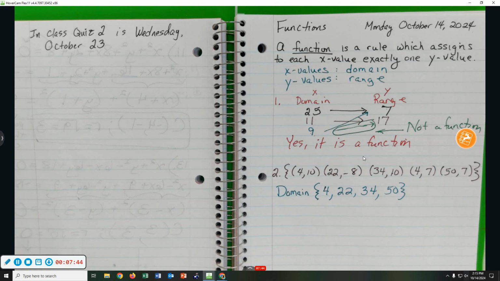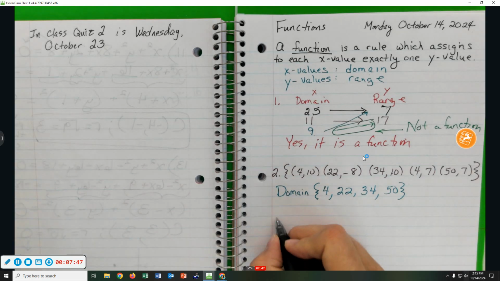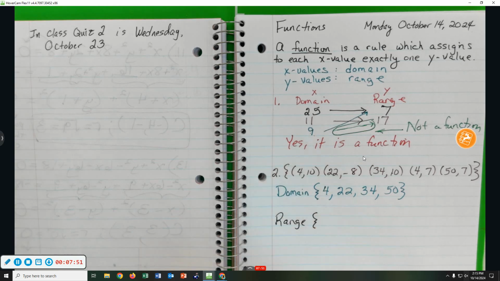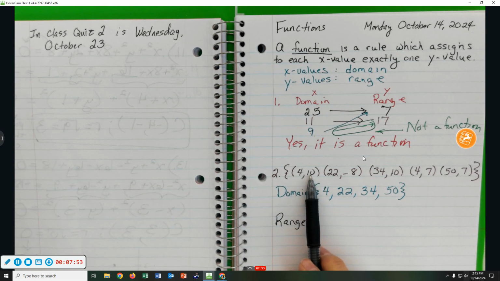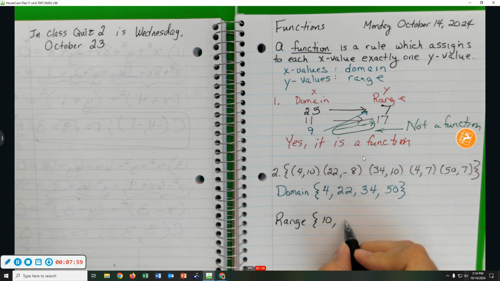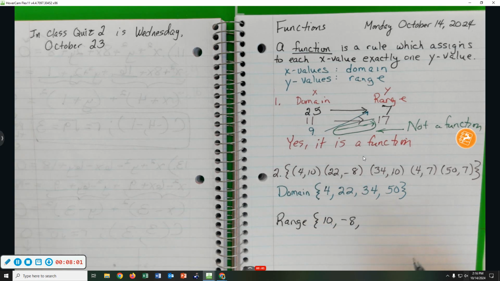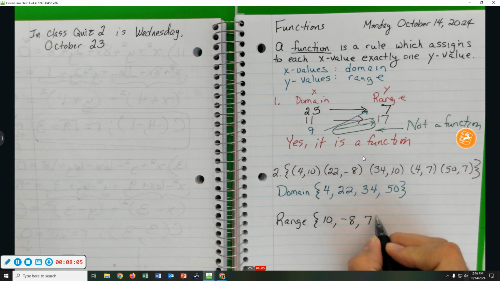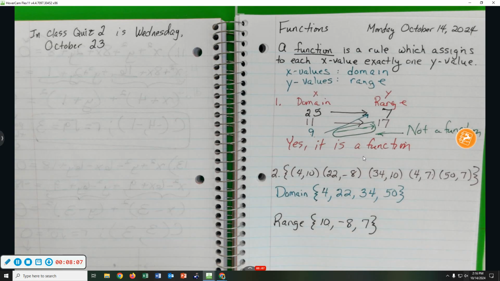What about in the range? Let's write that out also. Range. And then we'll type them in. I'll get it started. 10. Now don't repeat any numbers. 10, -8. Still one more. 7. So, let's see.